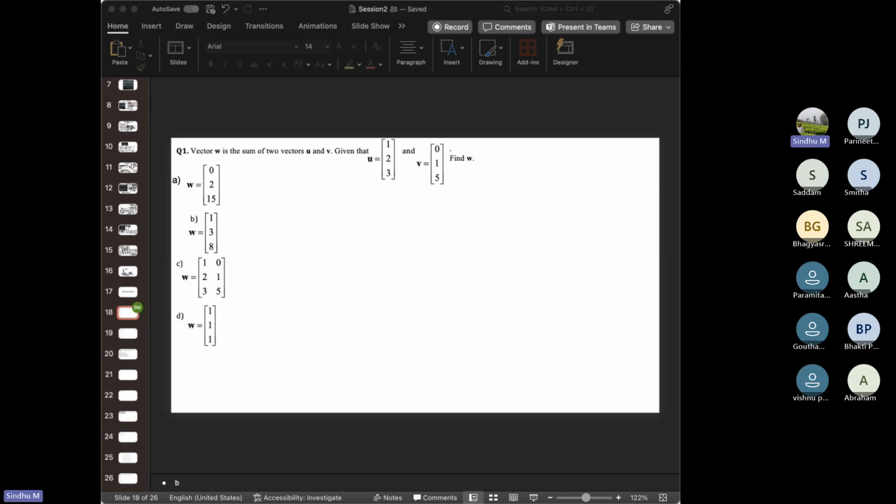So vector W is the sum of vector U and V. So we have to sum these two vectors, 1, 2, 3 plus 0, 1, 5. And this will be 1 plus 0 is 1, 2 plus 1 is 3, and 3 plus 5 is 8.